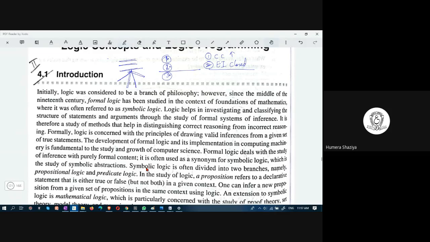Again, there is a very popular example in AI: today the weather is cloudy, and John wanted to play cricket. These are the two statements.